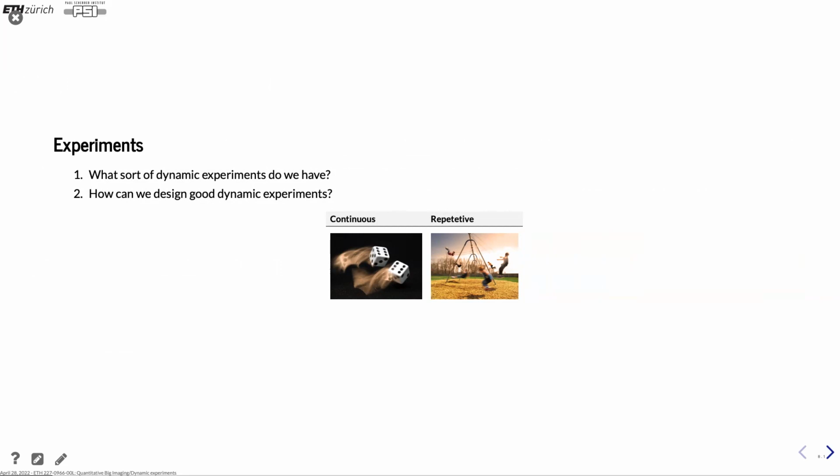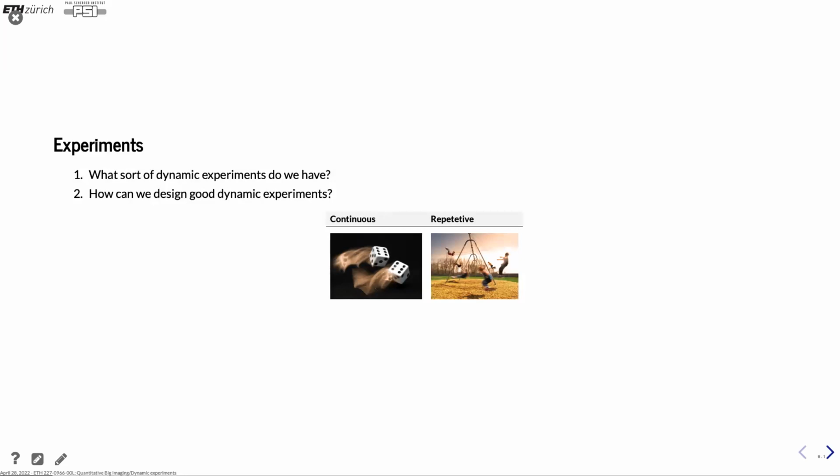Could be an engine making one turn, or a fly wing going up and down, or something like that. By using this in your experiment, you can actually improve the signal to noise ratio, because the same thing is happening over and over again, more or less the same. So those are things you can think about when you plan your experiment, and also for the analysis.